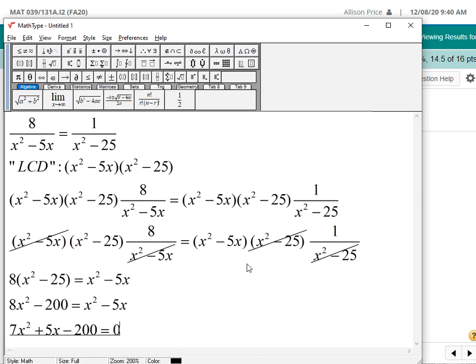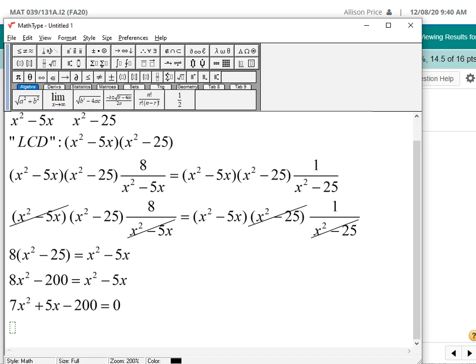Now, at this point, it is hopefully going to be factorable. So I'm going to try to break this into 2 parentheses. The only way to multiply to a 7x squared is with 7x and x, so that at least makes the first term easy. Then I need one plus and one minus to make a negative 200, and I'm just going to try some things that multiply to 200.